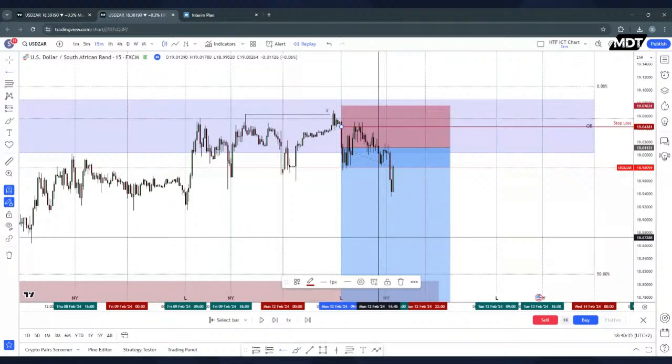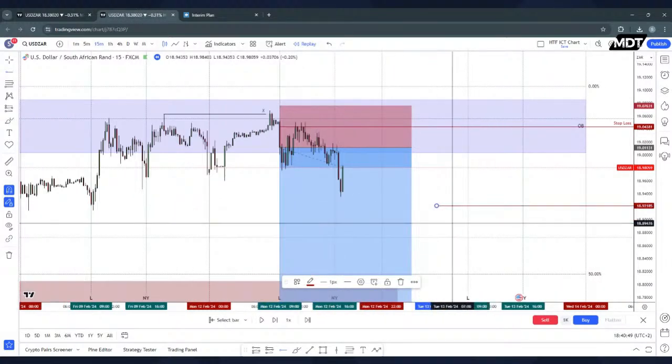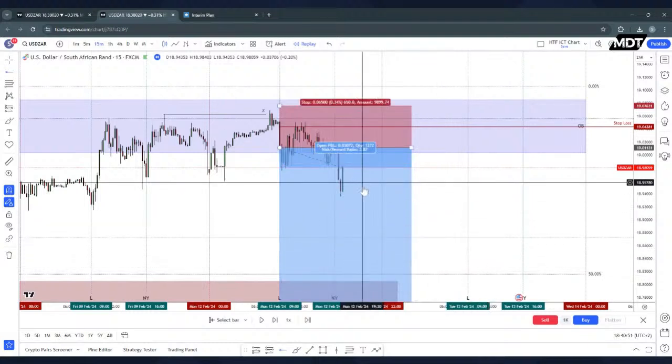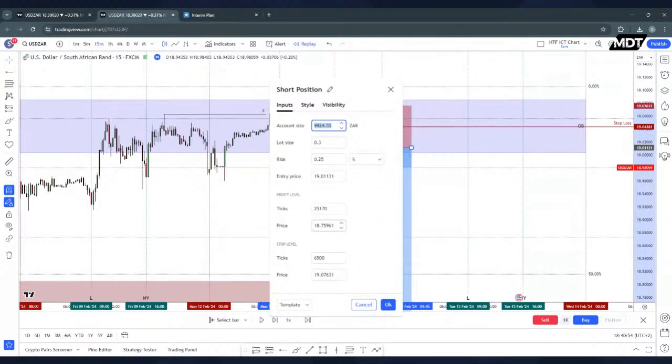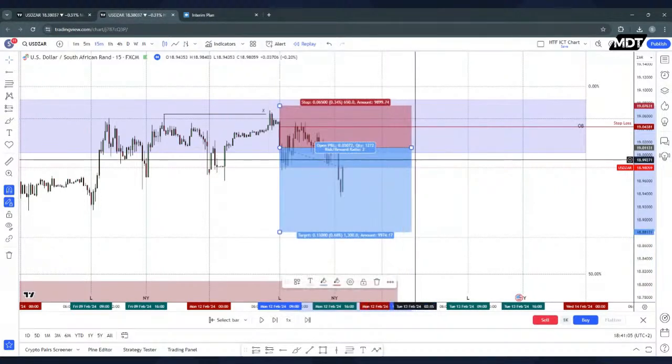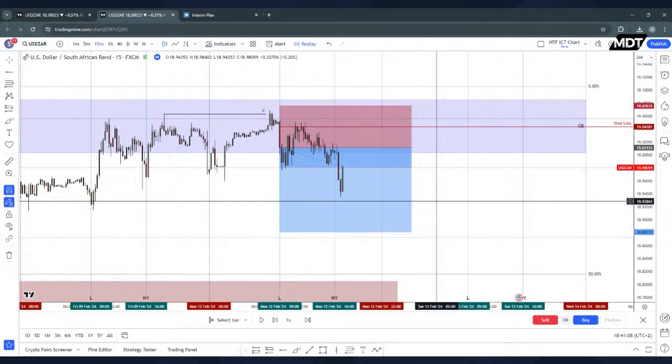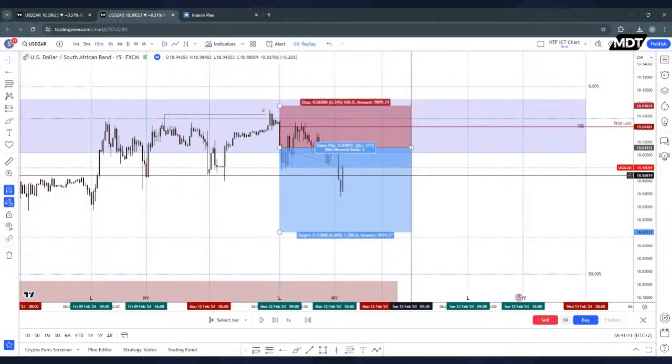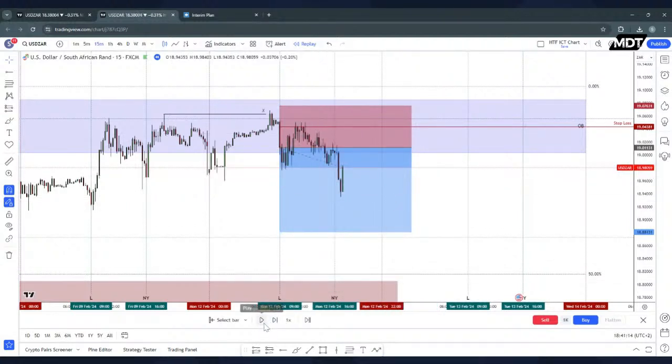So now we've essentially got 1% floating, but only 0.5% at risk. And that's basically what that is. I don't think any more needs to be explained. And then the next target is 1:2, because at 1:2, we then close 50% of the position, and then move stops to break even.